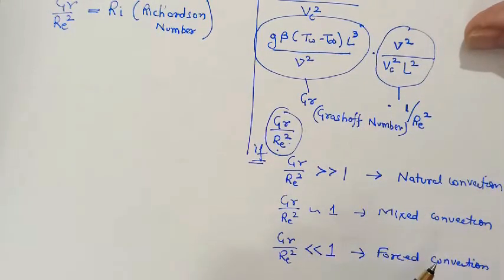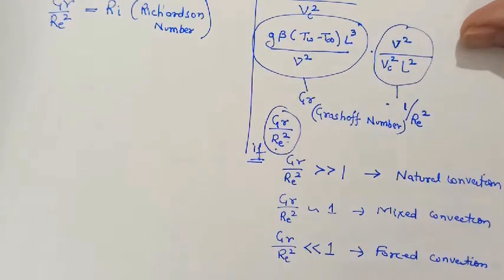Somehow in the GATE examination or in MCQs, they generally ask what are the different types of convection. And generally students write there are only 2, that is natural and forced convection. But the correct answer is there are 3 types of convection. One is called natural convection, one is called mixed convection, and one is called forced convection.